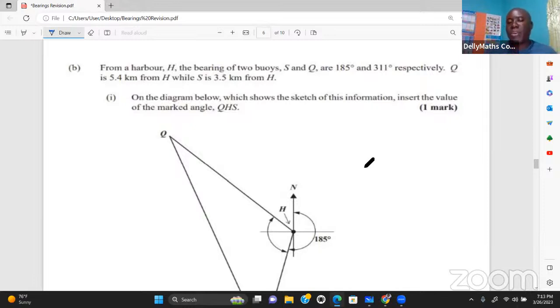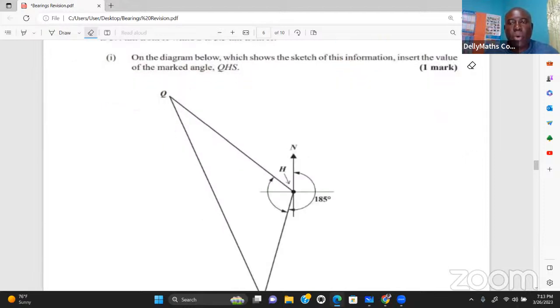They didn't mark it fully, but we're told that that's the bearing of S from H, and the 311 is this one. The other one was marked, you could see that. All right, so let us continue reading. Q is 5.4 kilometers from H, while S is 3.5 kilometers from H.